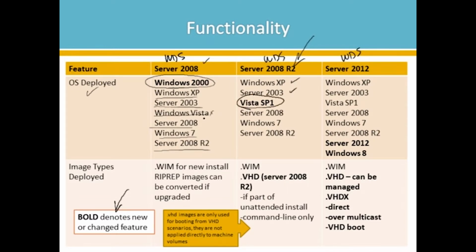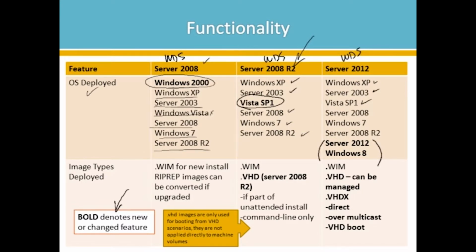Notice there's no Service Pack 1 here for Server 2008, Windows 7, and 2008 R2. If your WDS server is 2012, notice we still have a lot of these oldie but goodies. We could still deal with Vista at Service Pack 1. But really the big focus with WDS 2012 is that we've added support for Windows 8 and Server 2012.